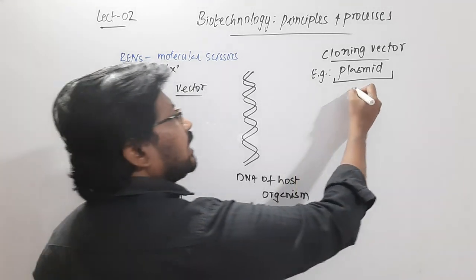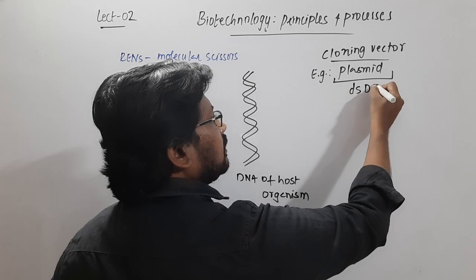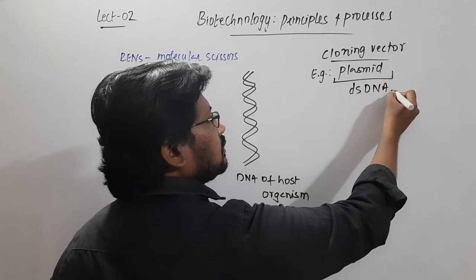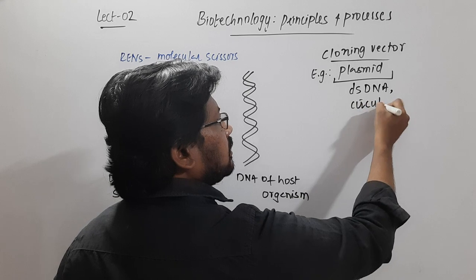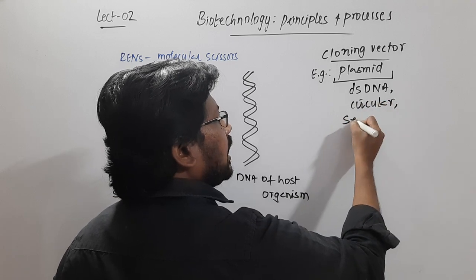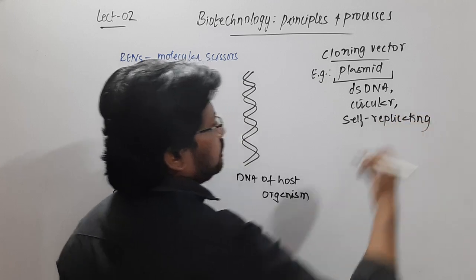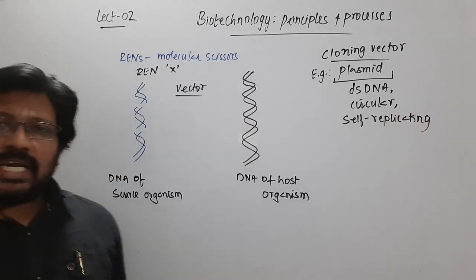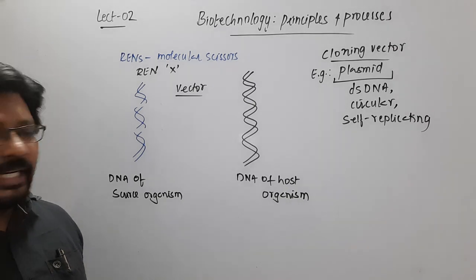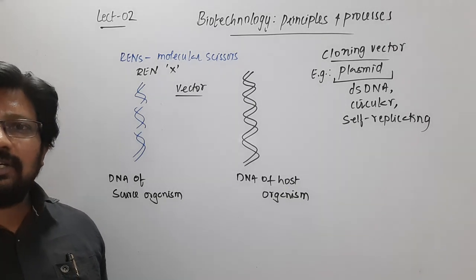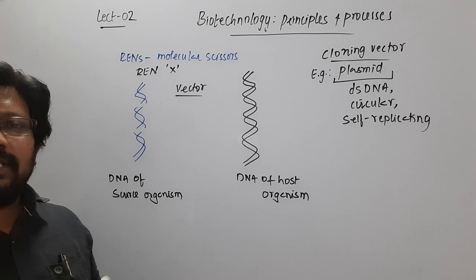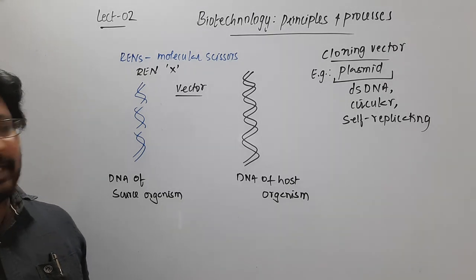They are double stranded DNA molecules, and they are circular and capable of self-replicating. So a plasmid is a double-stranded DNA molecule which is circular and has the ability to self-replicate.